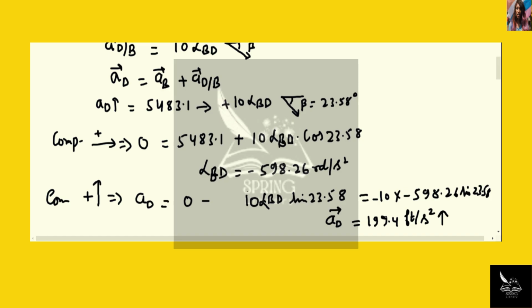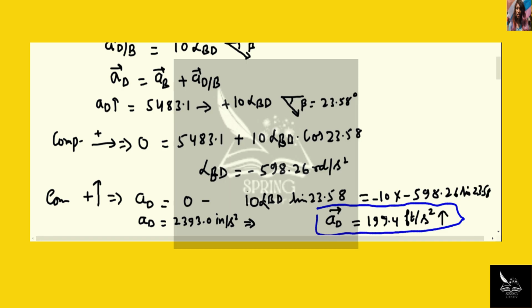If you like, you may write it like this: AD is 2393.0 inch per second square. Later on it is converted into feet per second square, or you may give the answer in inch per second square. That is your choice.